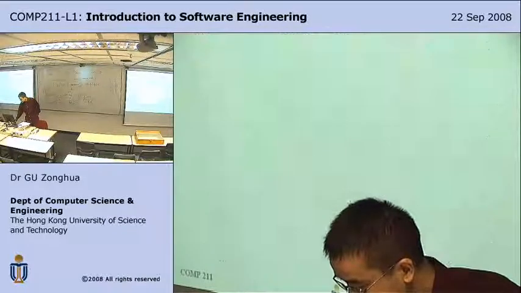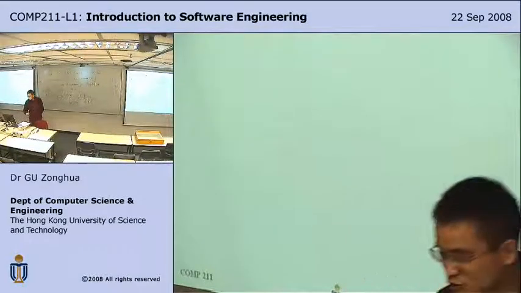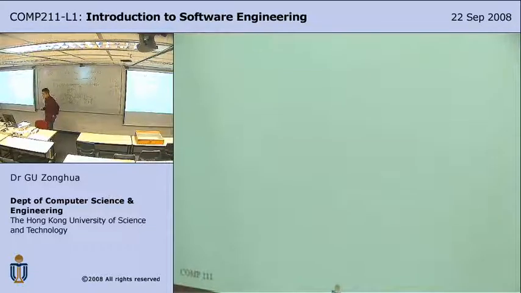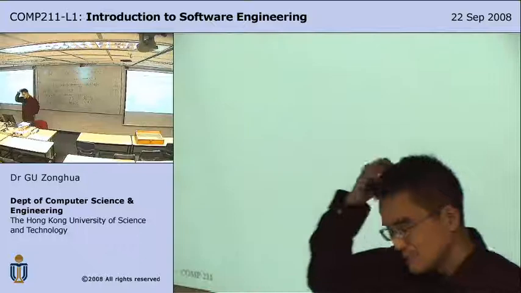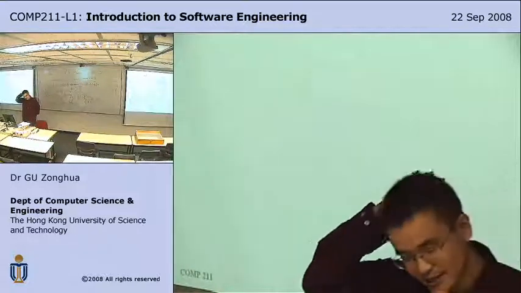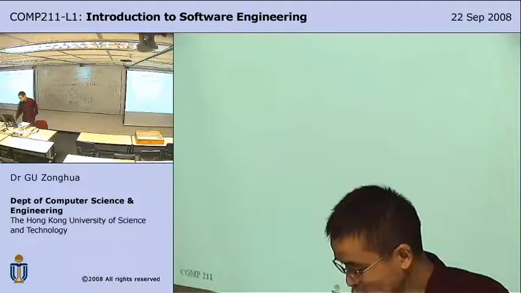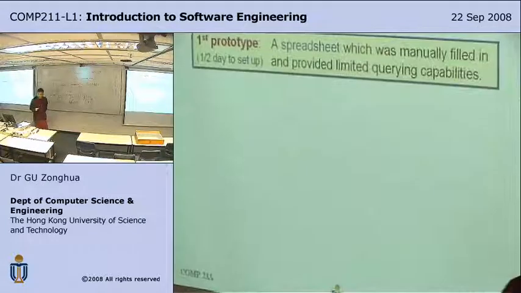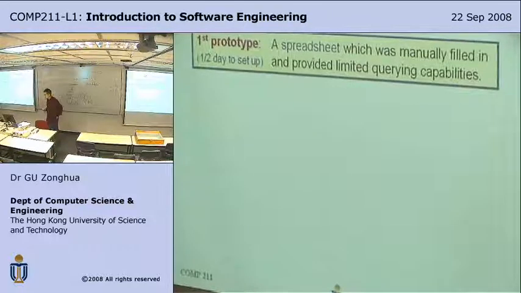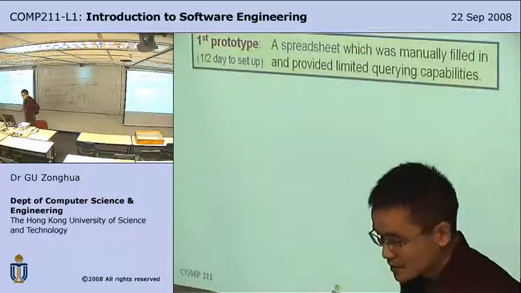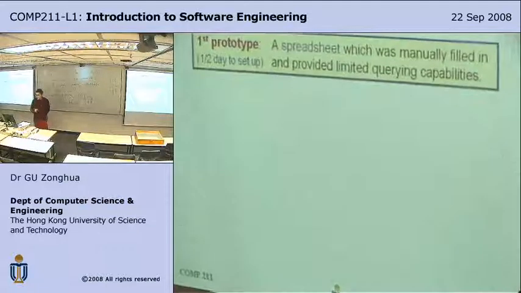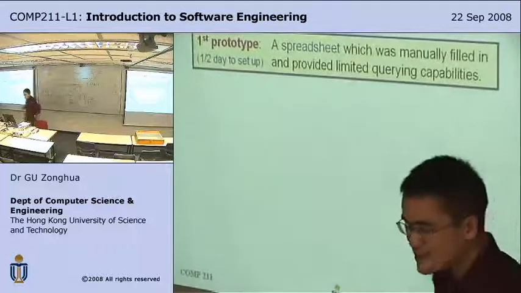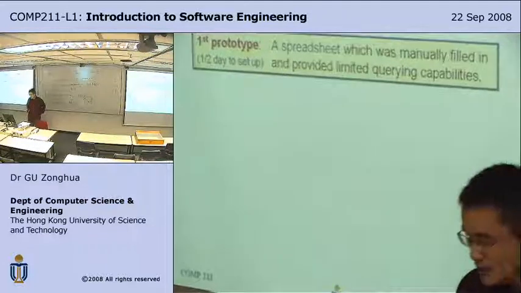Then they spent 2 months to understand the budget control process to a stage where something could be implemented. Before you even touch the code, you spend 2 months understanding the requirements. The first prototype is a simple spreadsheet, Microsoft Excel. It was manually filled in, set up in half a day, and provided unlimited querying capabilities.